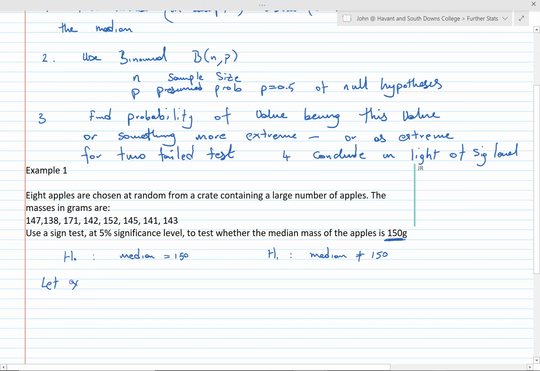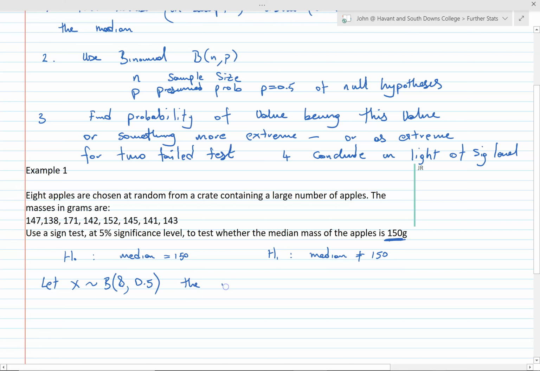So let X be binomial with sample size 1, 2, 3, 4, 5, 6, 7, 8, with presumed probability 0.5 under the null hypothesis.